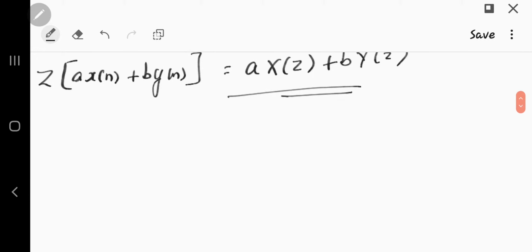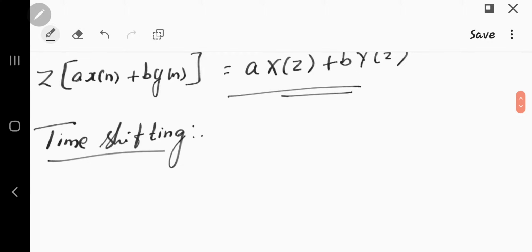The next property is the time shifting property.